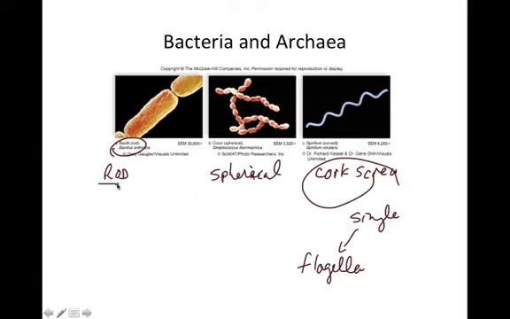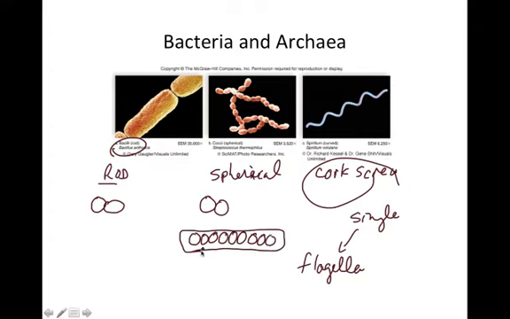The rod-shaped bacteria can cluster. They can make two of them, same as spherical. So you sometimes might hear something like diplococcus or streptococcus, maybe you have strep throat. That's when these spherical bacteria really join in long chains. So although they're all single-celled, they can join in terms of being diplo.